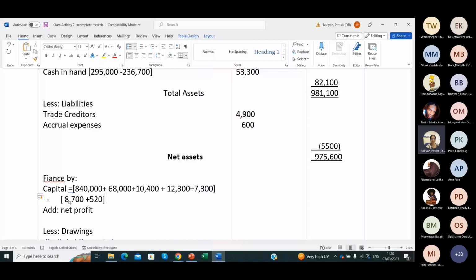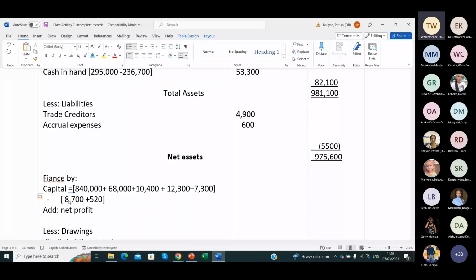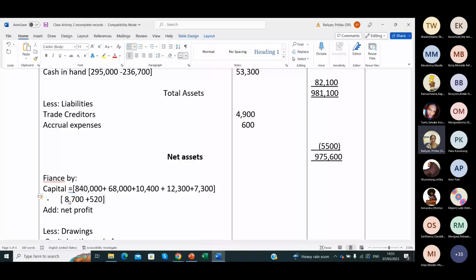So when you add and subtract this, how much will you get? It means it's equal to 938,000.